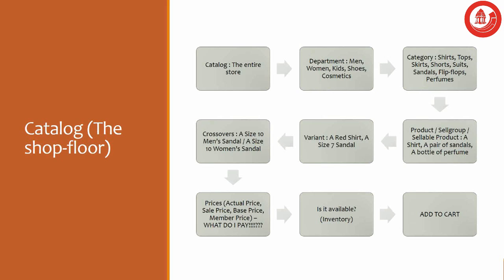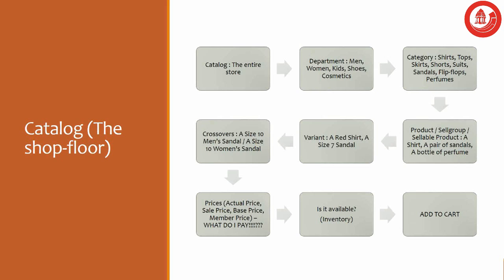Similarly, if you click on the shoes department, then you might see men, women, and kids. So that's where these crossovers get interesting, and that's where the online catalog browsing experience becomes really interesting.